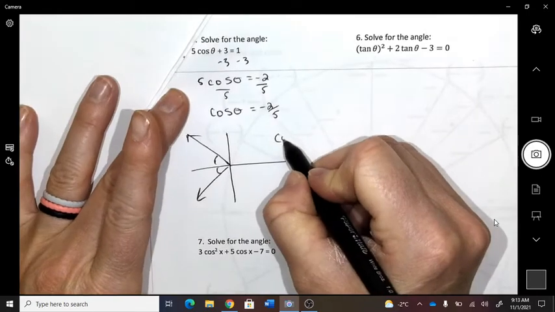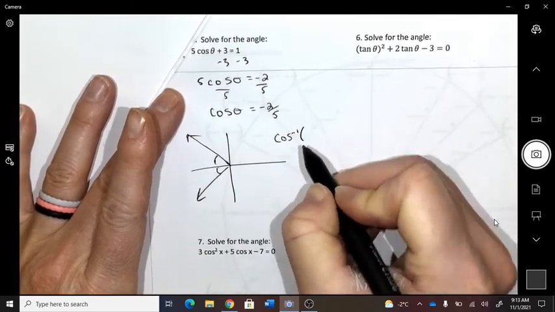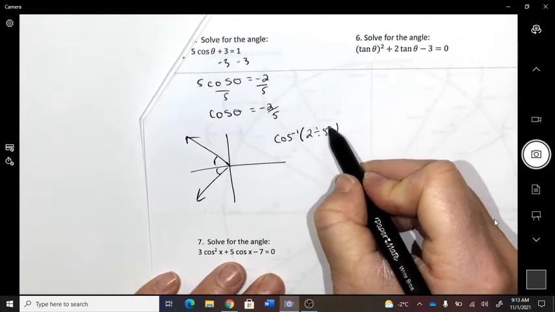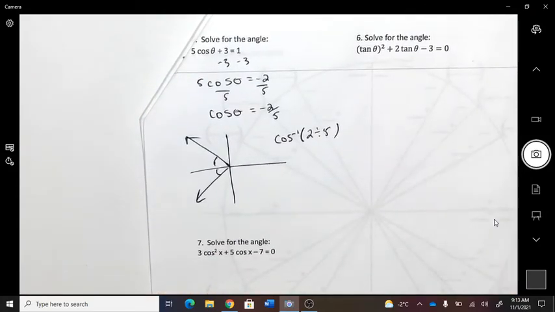So in my calculator now, I'm going to cos inverse, and I'm going to put mine in brackets. And I'm also not putting a negative in there because I did the negative into the location again.